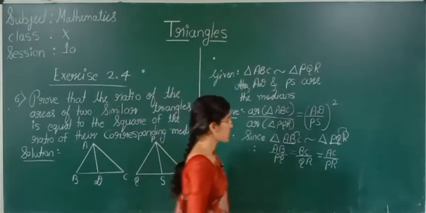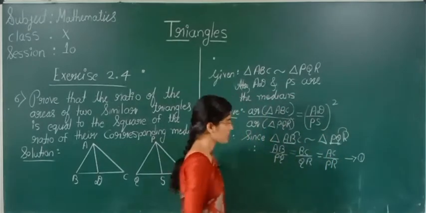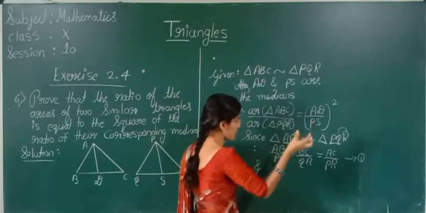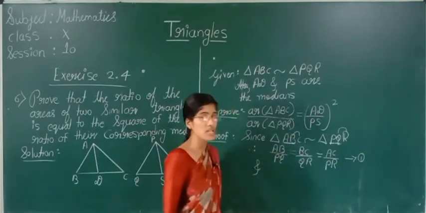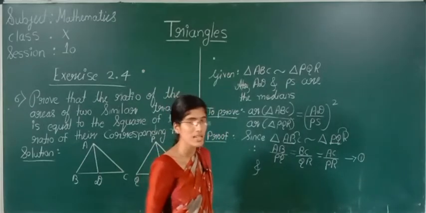Okay. Now I call this as equation number 1. Again we knew that if two triangles are similar, their corresponding sides are in the same ratio and their corresponding angles are equal.